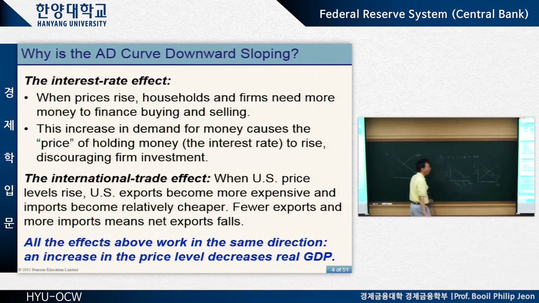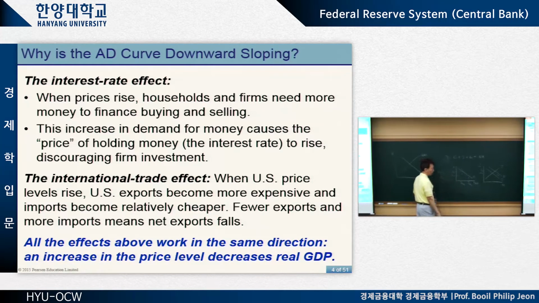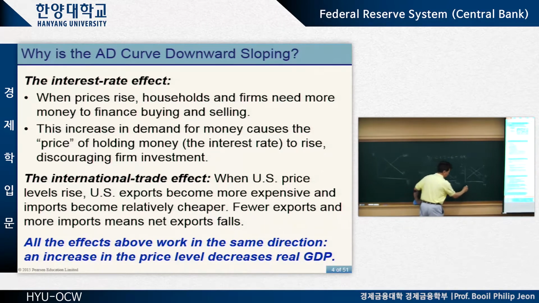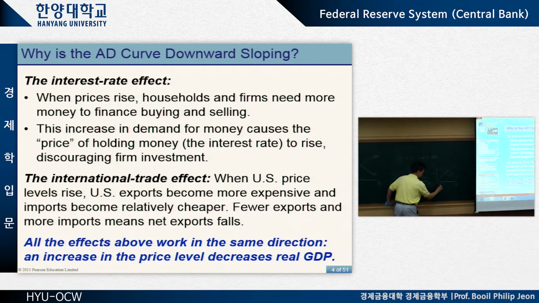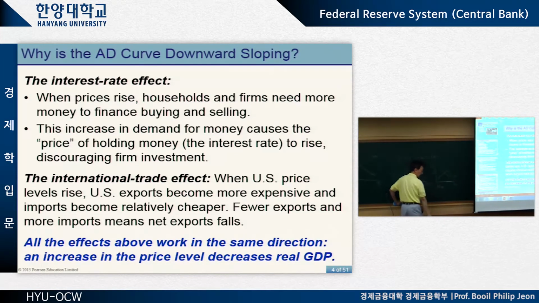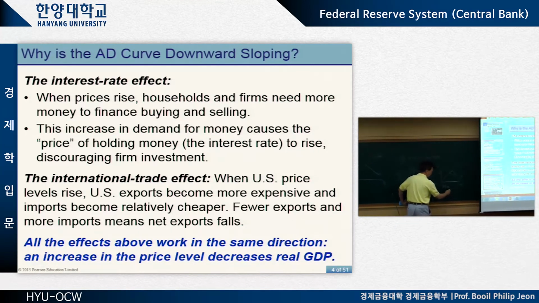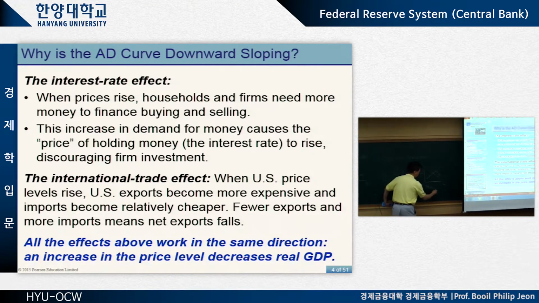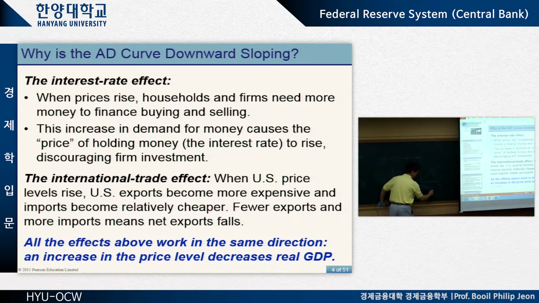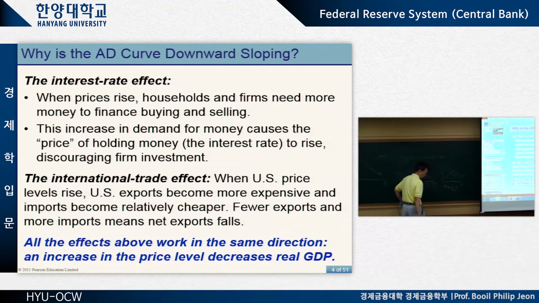Okay? So again, when we started from the price level here, if the price goes up, then the amount of money that the businesses need to borrow increases. So demand for loanable funds, demand for money basically, increases. And that means the interest rate will go up, right?